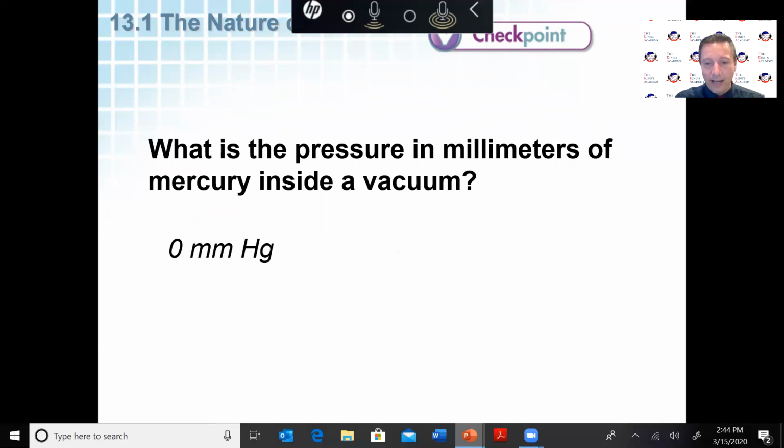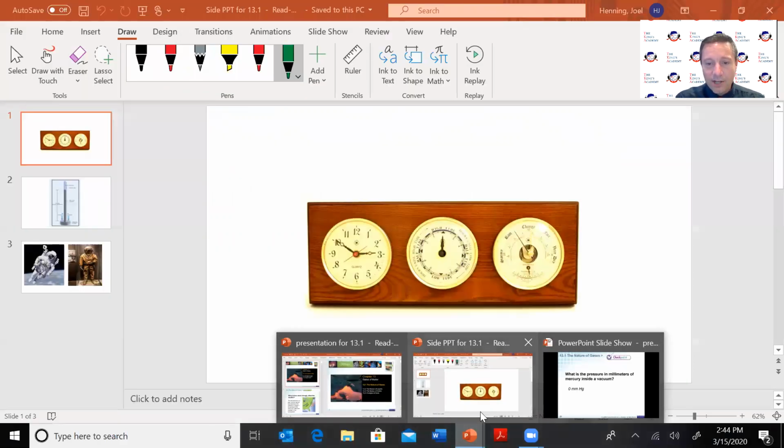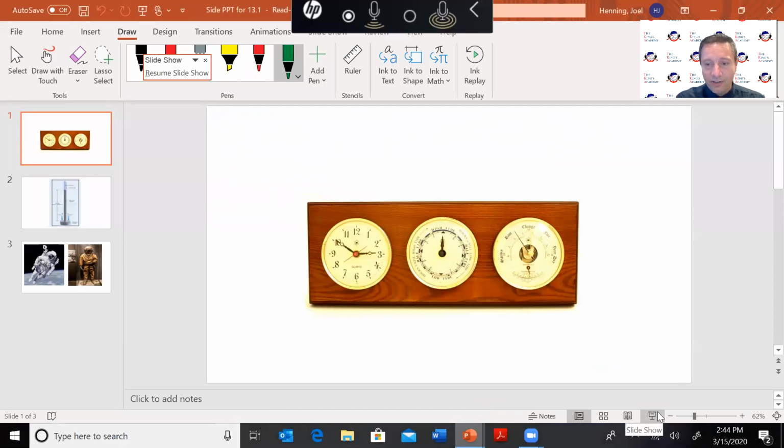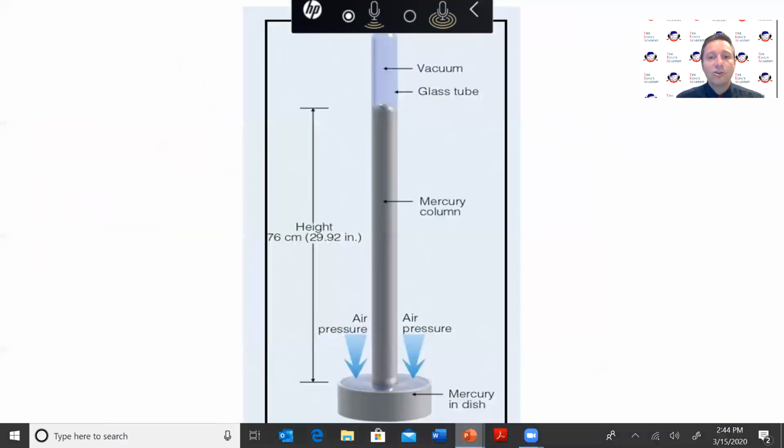So let's talk about something I had mentioned previously. You see here on this slide, here's another look at the millimeters of mercury of how they make the barometer. And once again, you could do this with water, but if you had water, this column right here would not be just 760 millimeters, and that is millimeters right off of a meter stick.